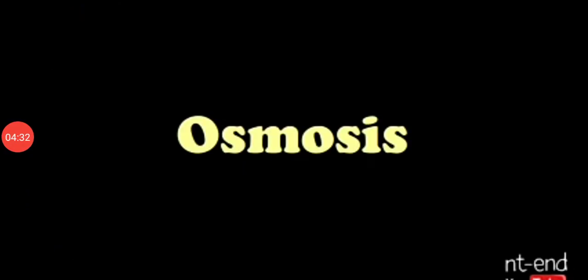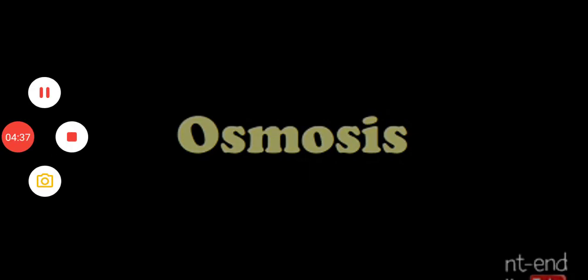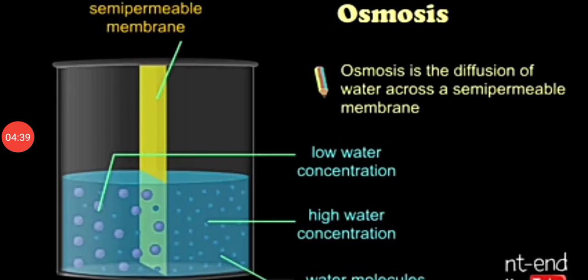Now we will discuss osmosis. Osmosis is the diffusion of water across a semi-permeable membrane. That means in osmosis, two different concentrations of solute are present and within them we have kept a semi-permeable membrane.